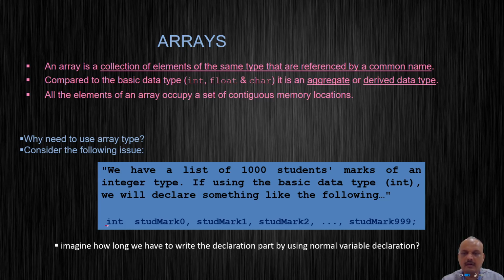So we have a data type declaration int, and then I have all my students as variables, say 0 to 999. Just imagine how long we would take to type this line of code, and is this feasible? Obviously something better can be done. Okay, so this is where arrays come to our rescue.